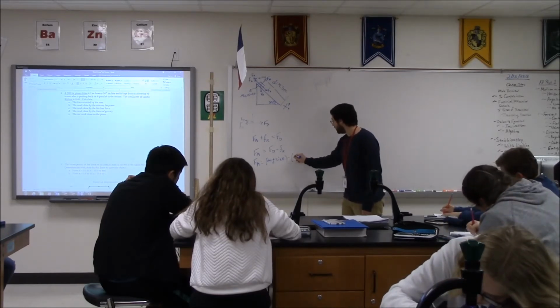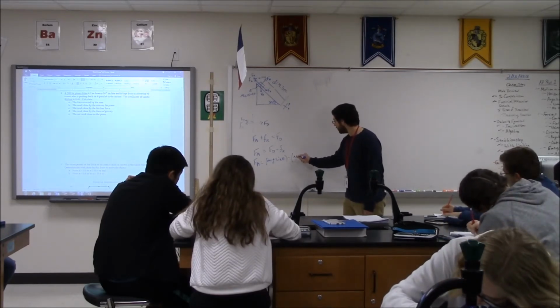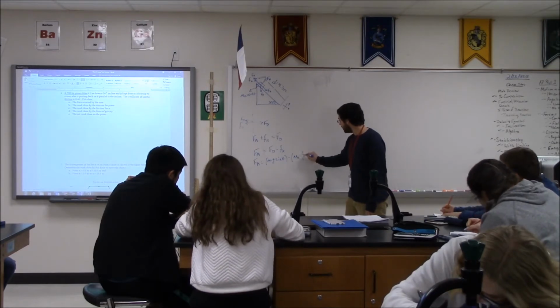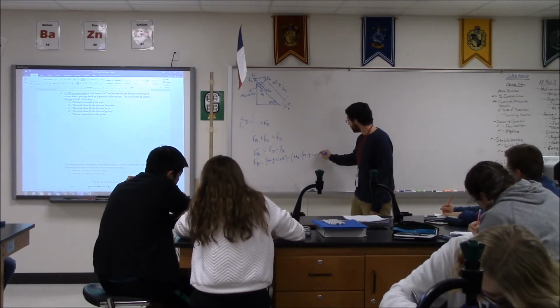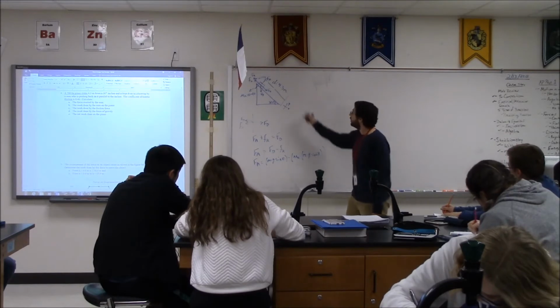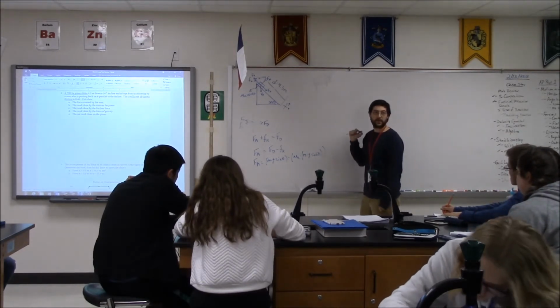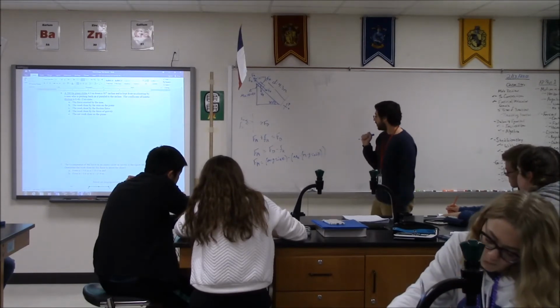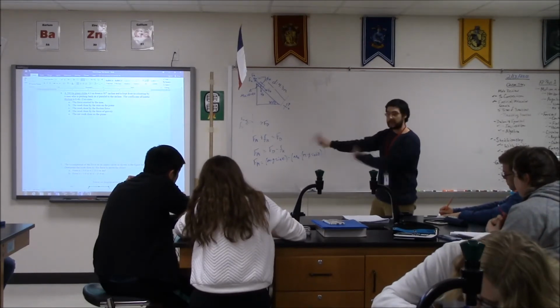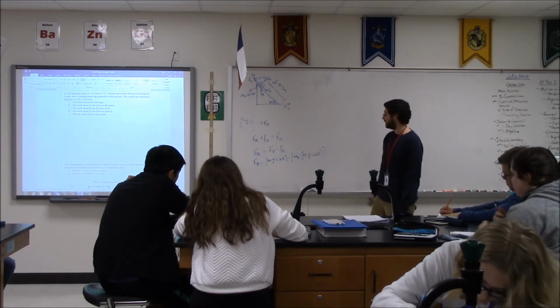So we're going to say that that is mu k times mg cosine theta. That's the formula for normal force on an inclined plane. Okay, so you should be able to plug stuff in, so do that, and let's get this force, please.